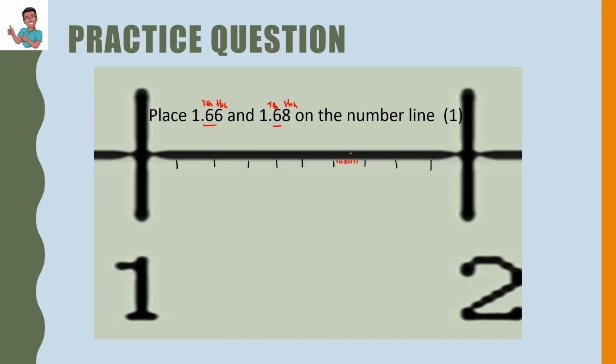This will come approximately here. If we say that this is the midpoint, it will come just after that, there. And 1.68 would come approximately here. If this is the 1.7 mark, then 1.68 will come approximately here. So our markings should look something like this.